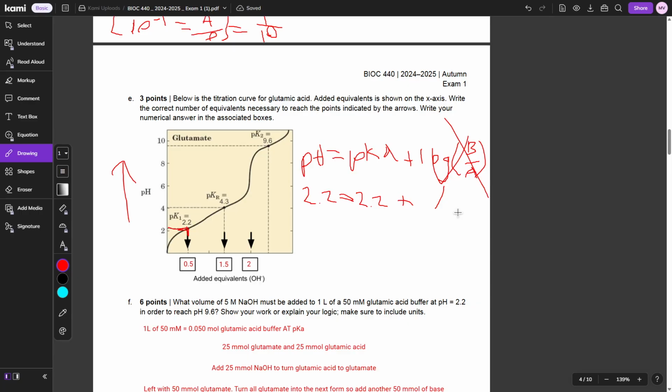That is true, yeah. If you add a full equivalent though, so let's say I have 100 moles of acid, if I add one equivalent of base, do I have equal amounts of base and acid? If I add 100 moles of OH minus, do I have equal amounts?